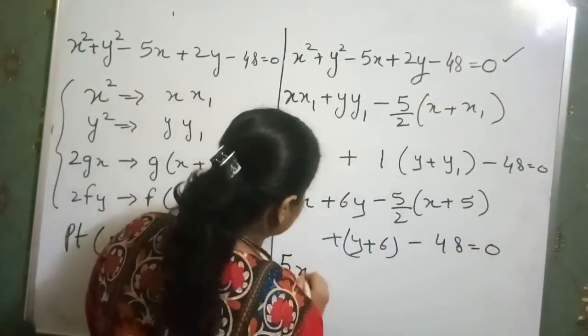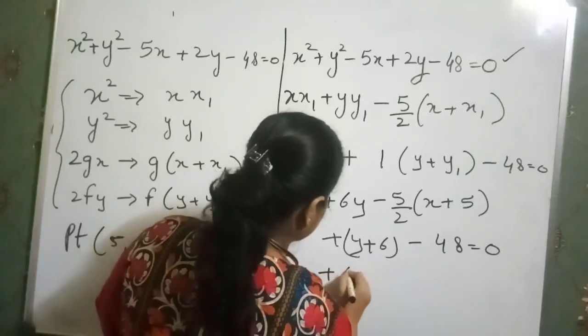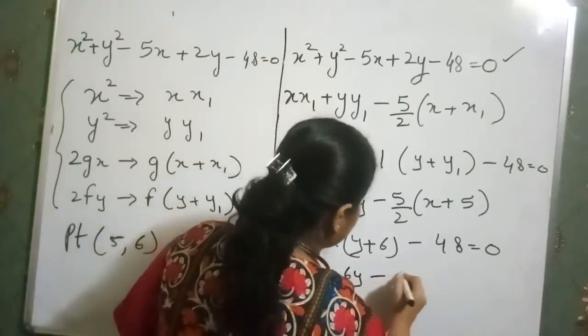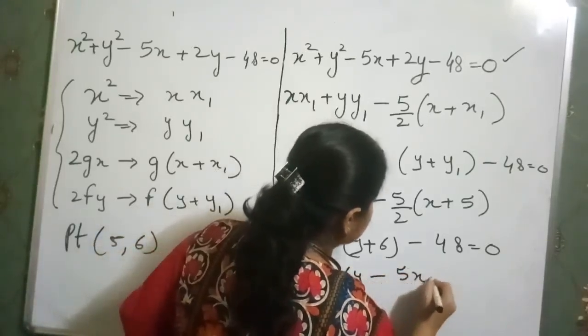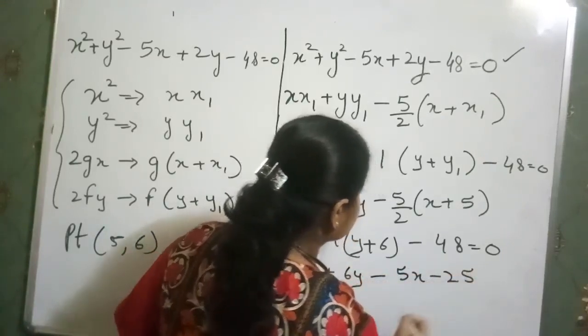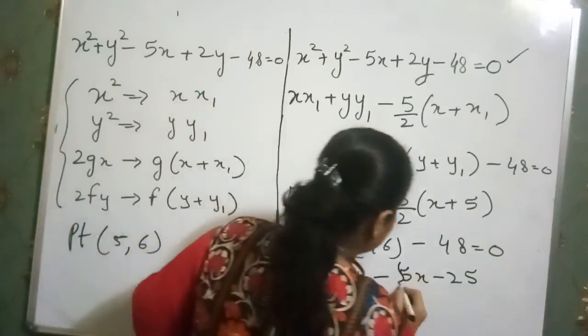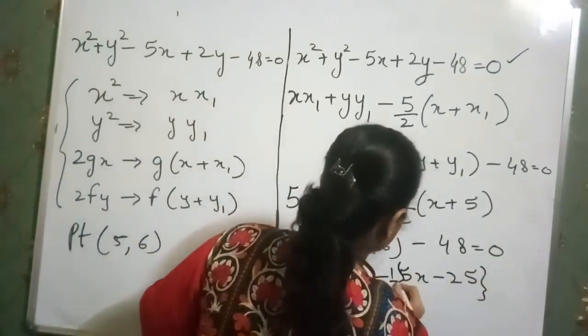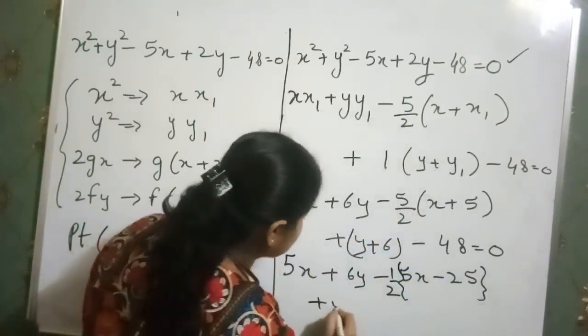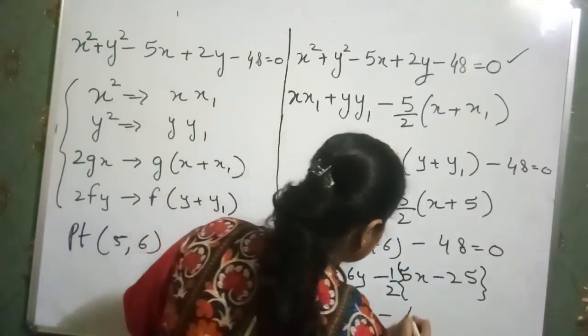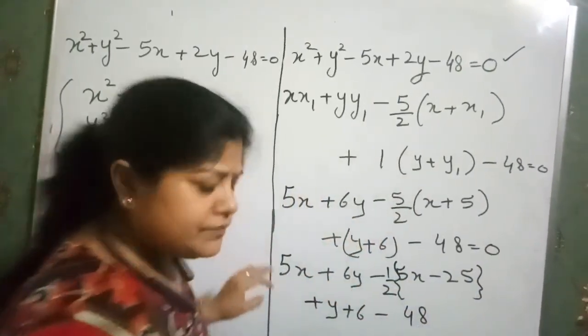Now solve it. We have 5x plus 6y minus 5x minus 25 over 2, then plus y plus 6 minus 48.